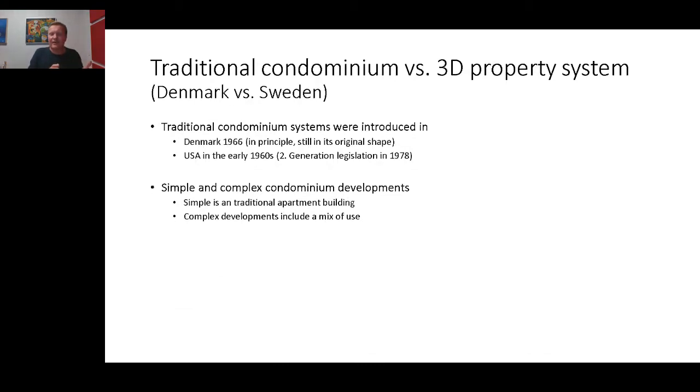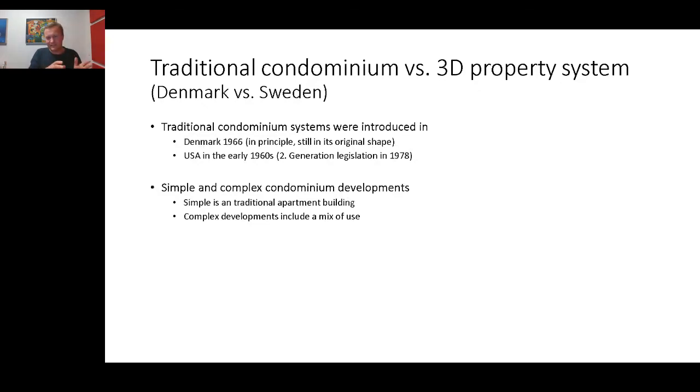A traditional condominium system, such as the one we have in Denmark and in the United States, was introduced in the 60s with the main purpose to facilitate the possibility to form owner apartments in housing. But at the same time, it was open for other types of use, like in the Danish and the United States condominium legislation.